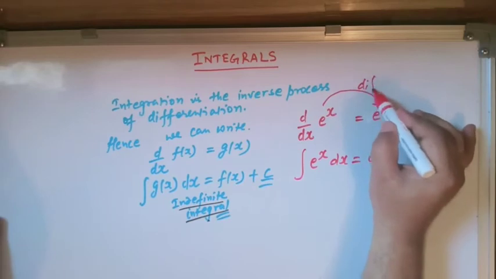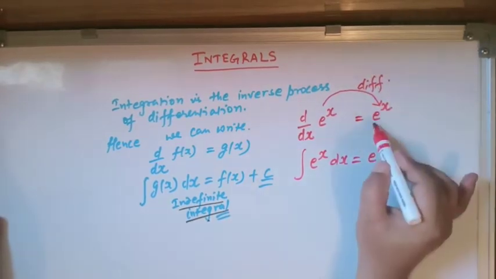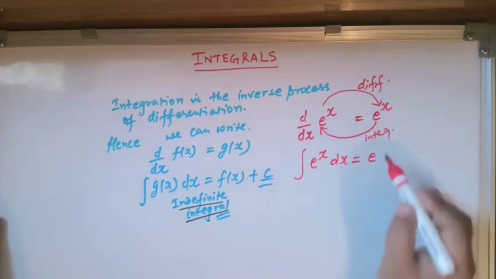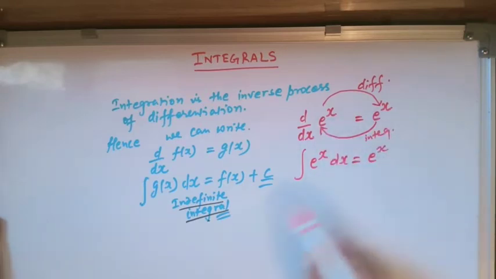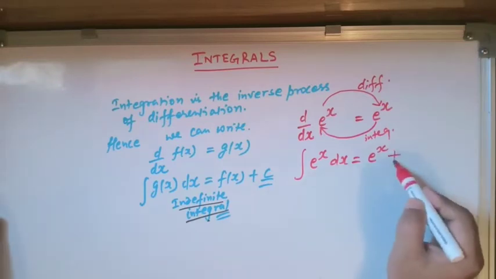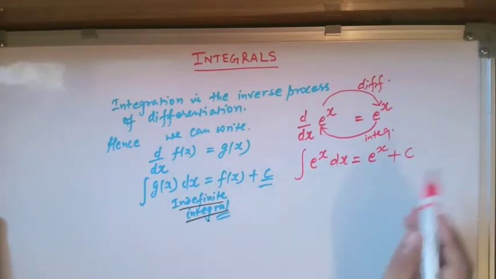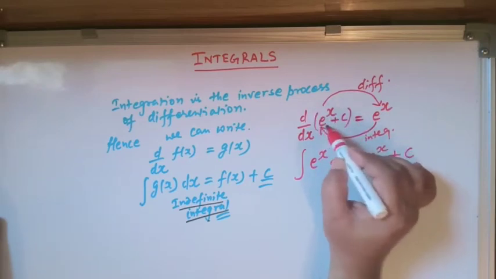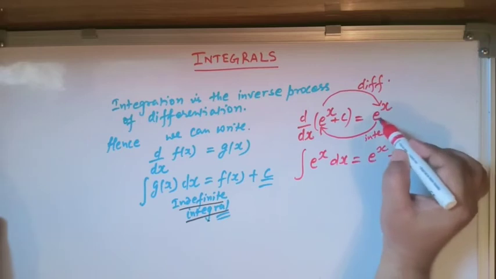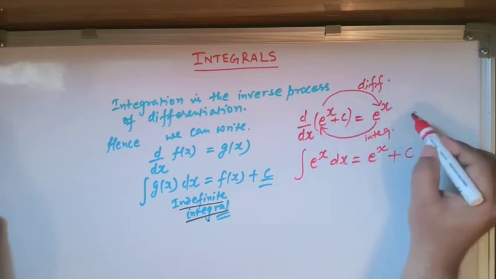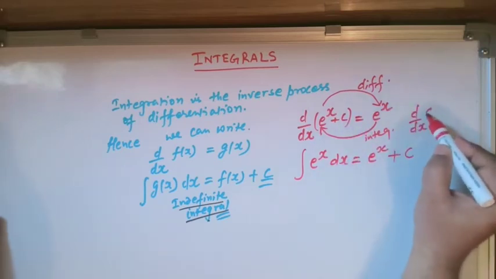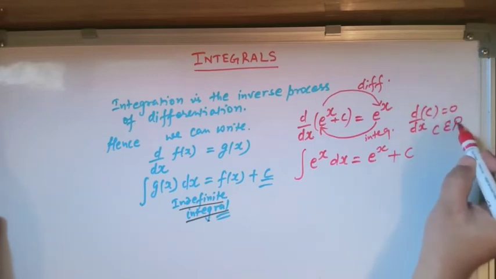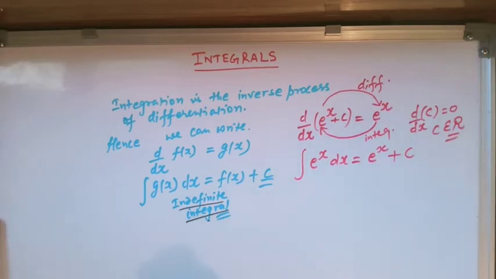This is differentiation. And if we integrate, then we get this function e raised to x plus c. So therefore we can here write e raised to x plus c. When differentiated, we get e raised to x, because the derivative of this constant is 0 and c belongs to the set of real numbers, clear.